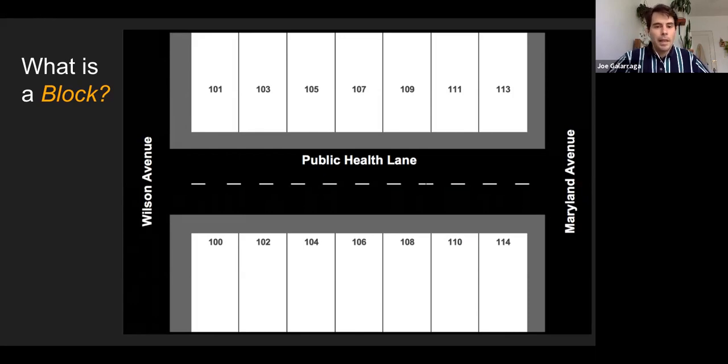What we decided is we're doing the block as you might see it in an urban area. Here we have the 100 block of Public Health Lane. So when you're using the community block assessment tool, you're really just looking at the area between Wilson Avenue and Maryland Avenue. You're going to be looking at all of the features that occur right here.